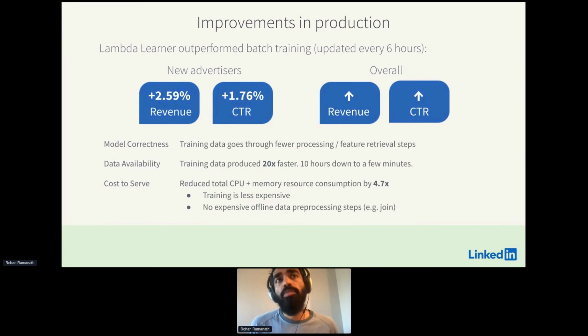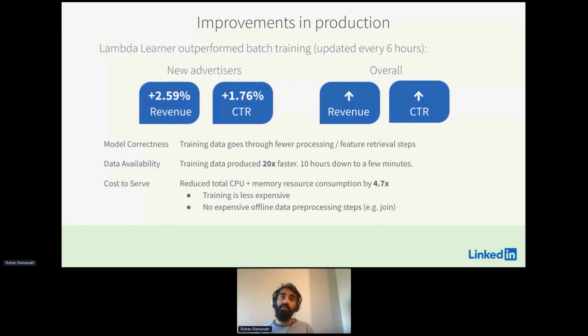But apart from this improvement in personalization and modeling, there were infrastructure wins. First, we think that the new data collection process is more reliable because it uses fewer processing steps, reduces the likelihood of engineering mistakes, and yields cleaner data. Second, of all the data collection processes, this approach that we took was more efficient in terms of large offline joins or ETL processes.